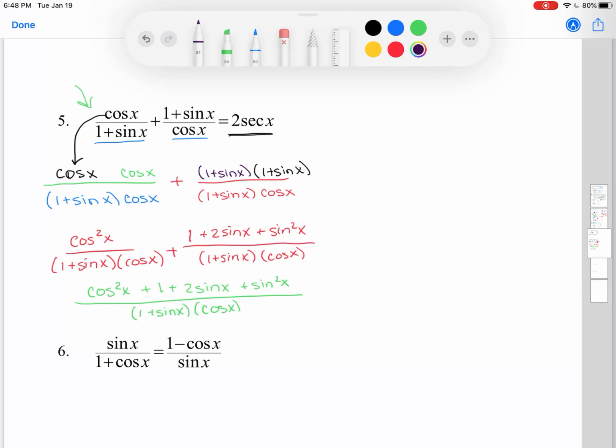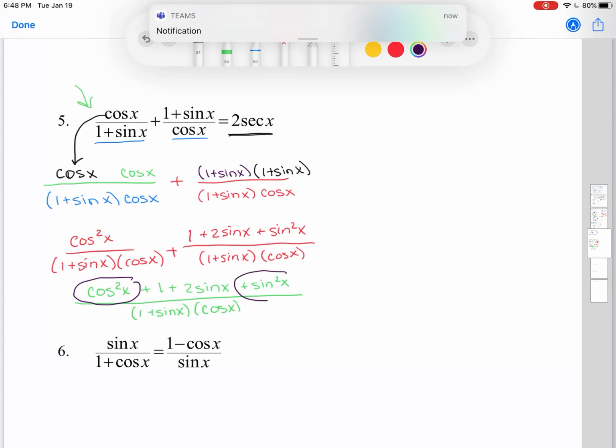Now, I'm stuck. I don't know what I'm doing. What I want you to notice here is we have a cosine squared x. We also have a sine squared x. Well, the one identity that we've been using pretty often is the one that says cosine squared x plus sine squared x has to equal 1. That is the same thing here. Just because they're on opposite ends of that fraction, they're still getting added together.